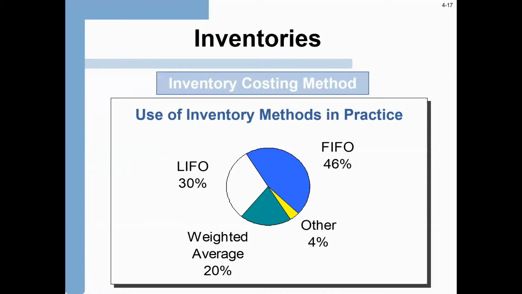LIFO and FIFO are two extremes of inventory valuation. FIFO stands for first in, first out, and LIFO stands for last in, first out. And weighted average is the average, which is, you can say, the measure of central tendency, in between the LIFO and FIFO methods. So let's try to discuss them one by one.